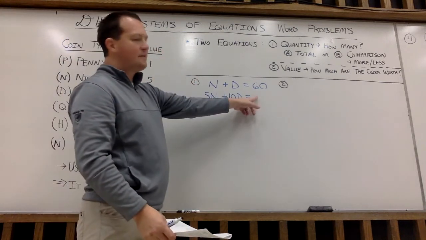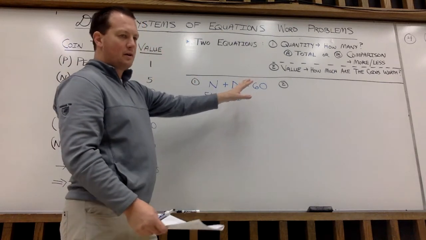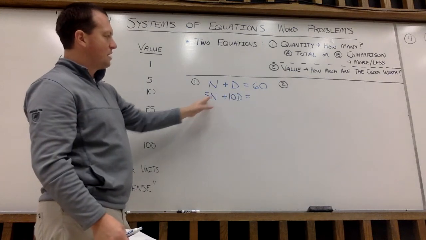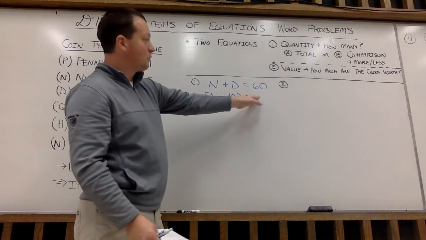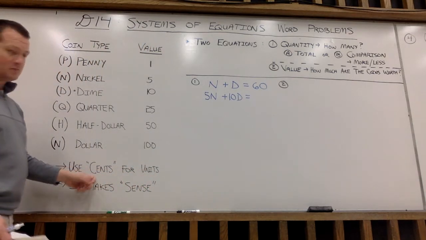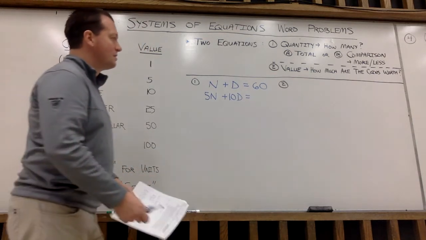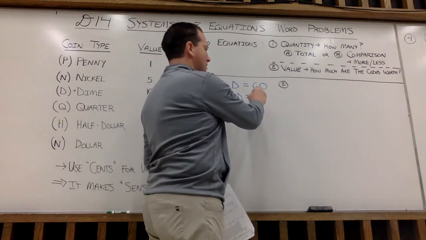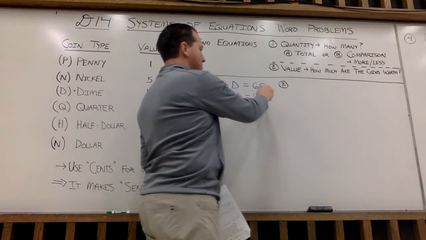If you put 5 here, this will not work. Since you have 5 cents, 10 cents, you need to write your second equation in cents. It needs to make sense. So $5, be careful, is 500 cents.